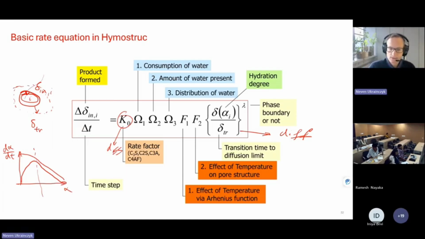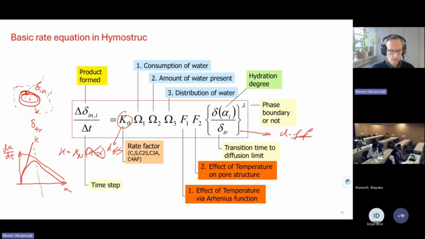Sometimes you just need to be creative, and simple ideas are always the best. I just defined that this K0 is proportional to nucleation and growth as a function of 1 minus degree of reaction, which I already did in my PhD. And then I got this line here.